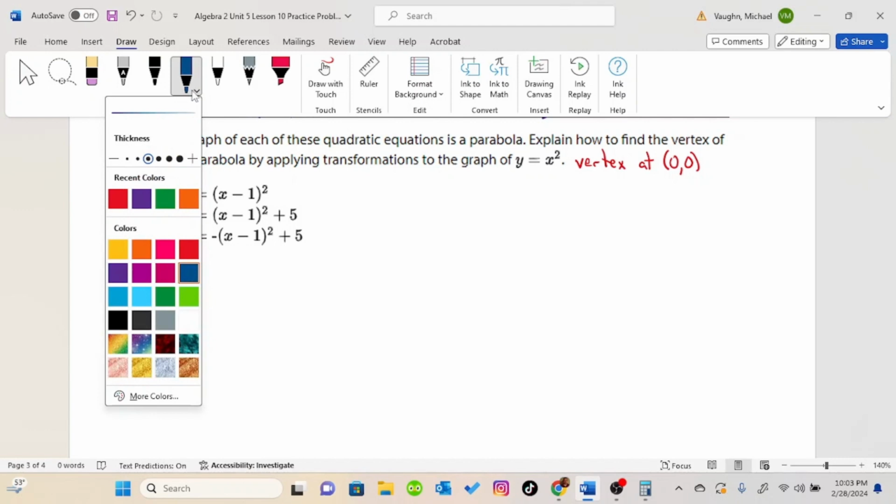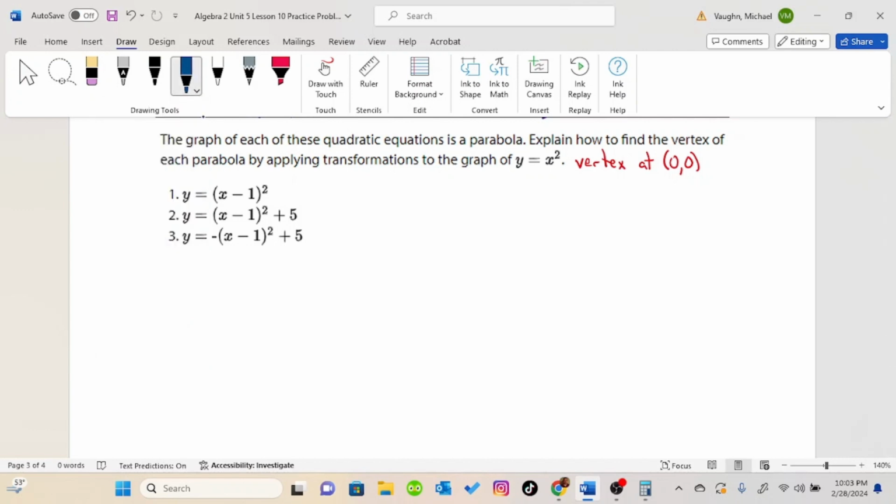So number one, this -1 from the x in parentheses tells us to shift right 1 unit. That puts the vertex at 1, 0.